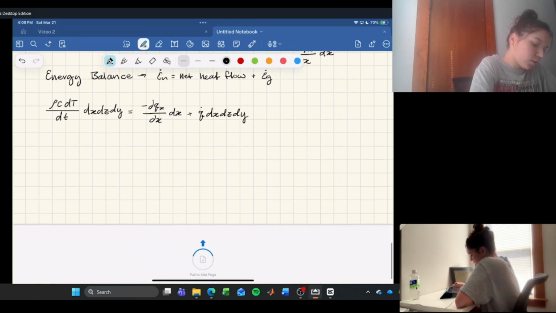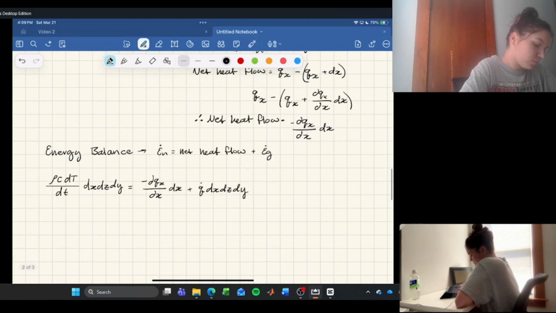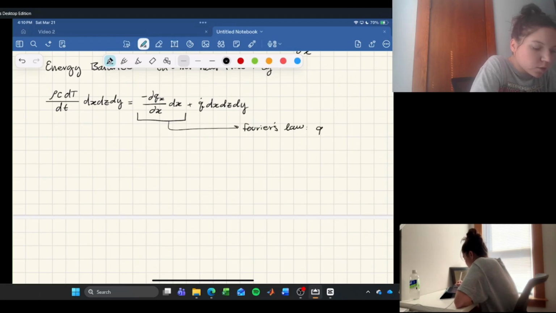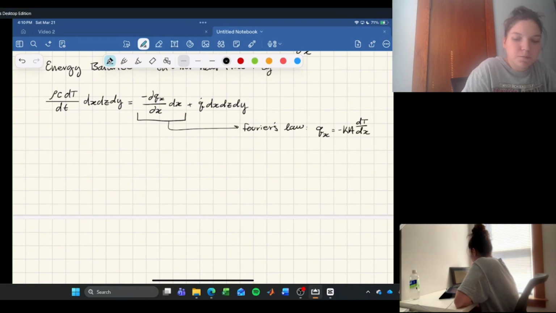And then looking here, we can apply Fourier's law. Which, if we remember, was that the heat flow is equal to the thermal conductivity times the area times the change in temperature over the change in position.